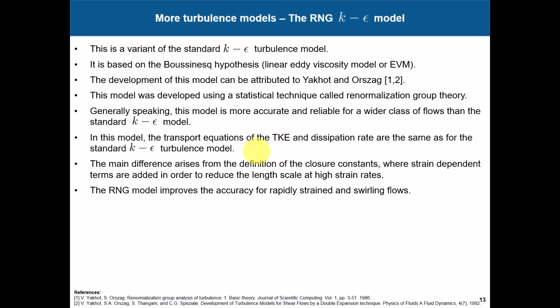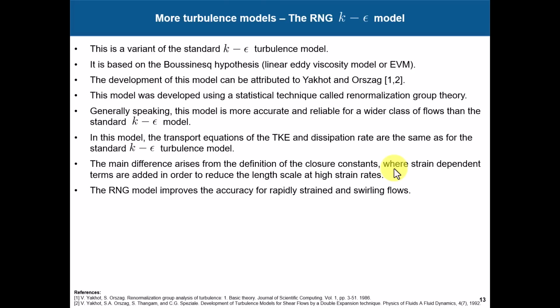So the main modification here is that the closure coefficients now depend on things. A few of them depend on the strain rate, in order to reduce the length scales when you have very high strain rates. So in theory, with these models you are going to see that some of the coefficients, but not C mu, get added functions that change the behavior as a function of a quantity or of the distance from the wall.